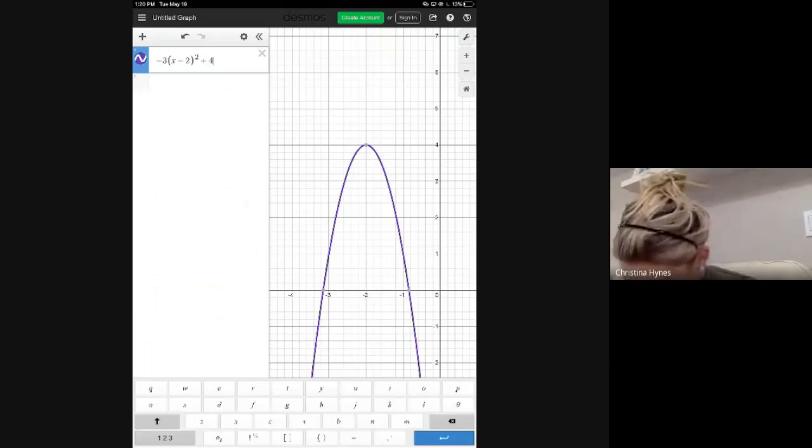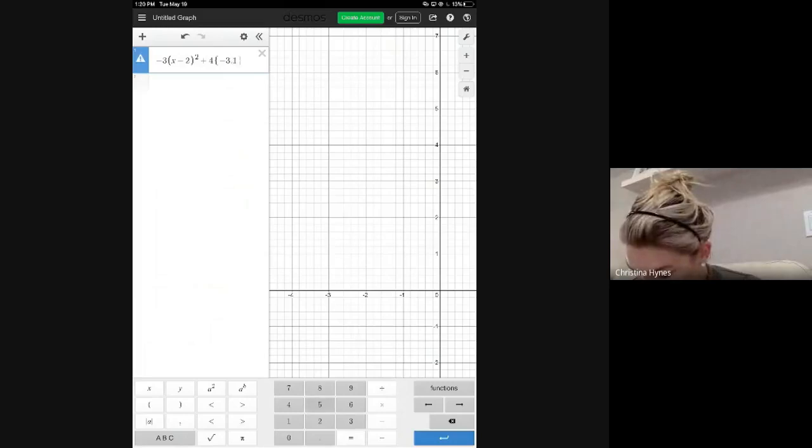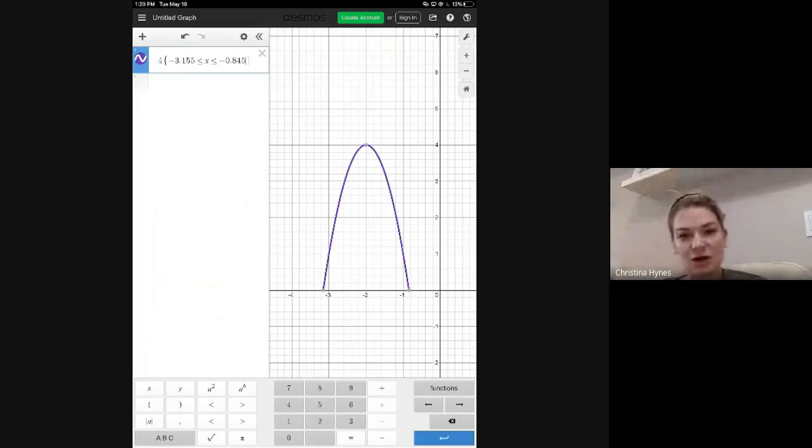And then curly brackets. So you're doing the function, and then within curly brackets, you're putting your domain that you're cutting it along. So negative 3.155, and then x negative 0.845. You guys see how I only now got the hump?